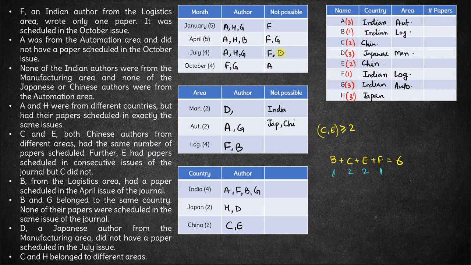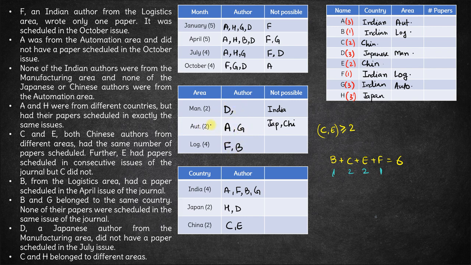Hence, if D does not publish in July, D must publish in January, April and October for sure. And now the last point says that C and H belong to different areas. So these are the areas that we have.